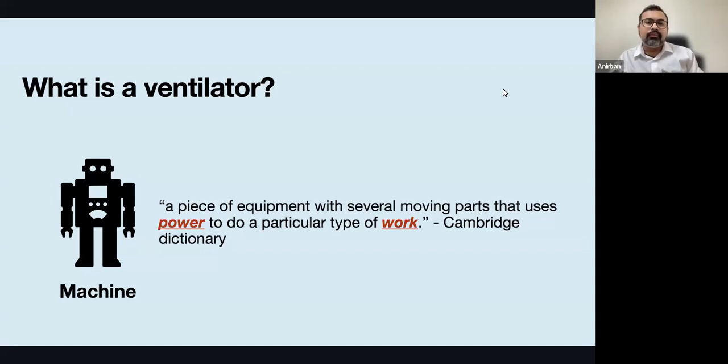When some sort of disease condition happens, we are somewhat incapable, or we need more energy to continue this work of breathing, and that is where the ventilator can be extremely helpful in extremely sick patients, assisting their ventilation if they require external help to maintain adequate respiration.